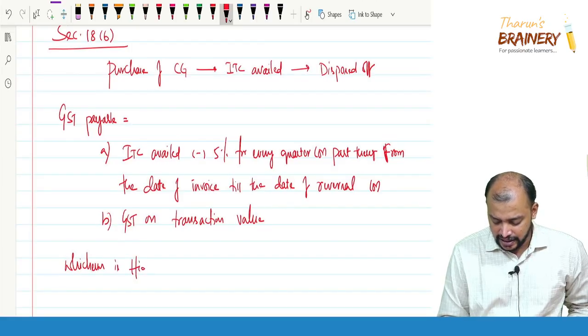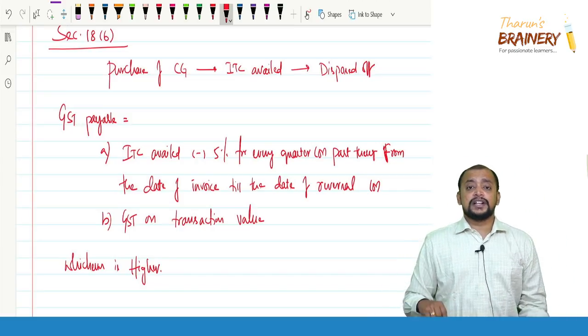Whichever is higher is the GST payable. This is in case of 18 subsection 6.